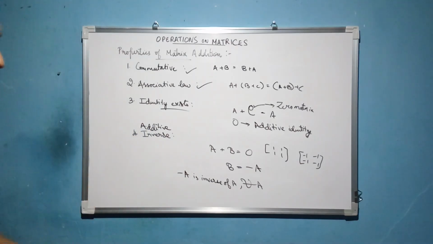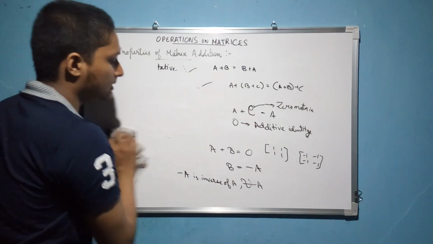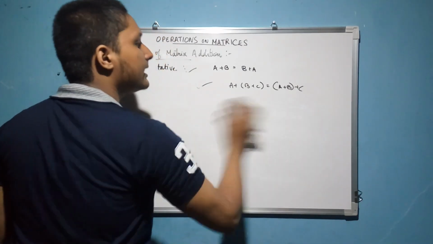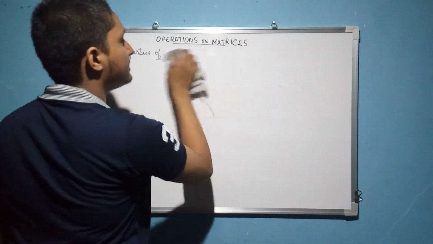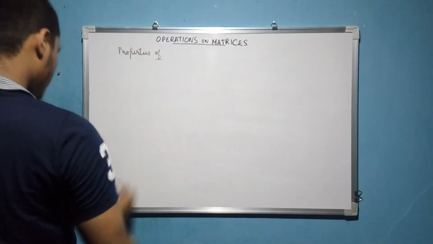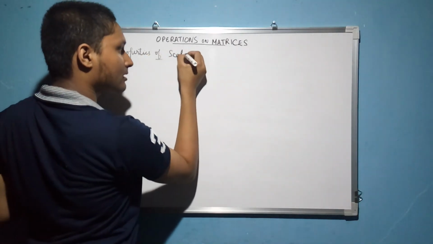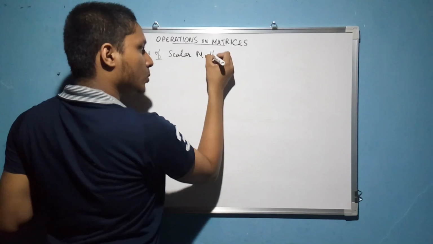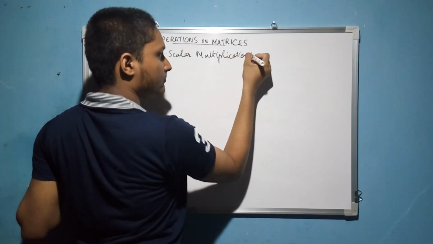Okay. Next, after this, we are going to learn about the properties. First of all, we had learned about matrix addition, right? Now we are going to learn about scalar multiplication, the properties of scalar multiplication. After doing this, we are going to the exercise. What is scalar multiplication? You are going to multiply by some scalar.